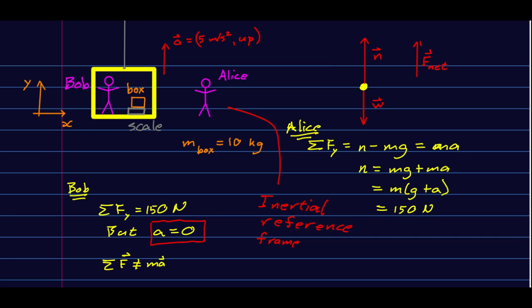But in Bob's point of view, you see that there's a net force on the box, but it doesn't appear to accelerate. And so Newton's first law is failing for him as well, and so we call this a non-inertial reference frame. And Newton's first and second law only apply in inertial reference frames.